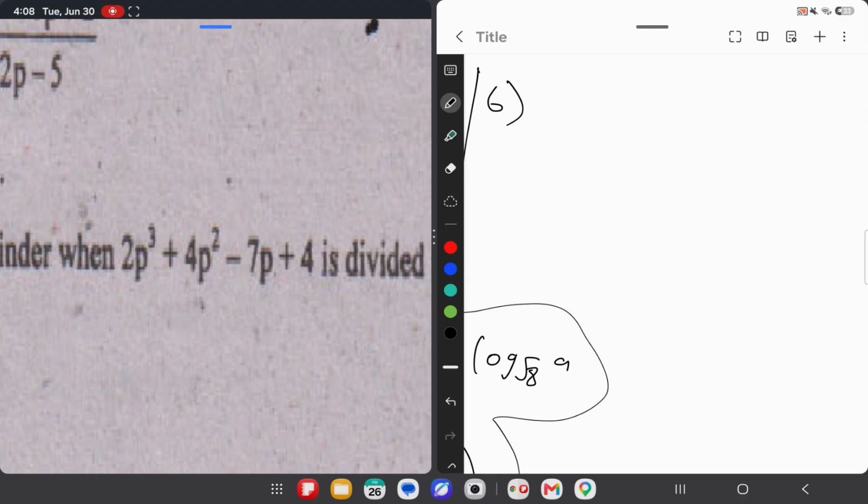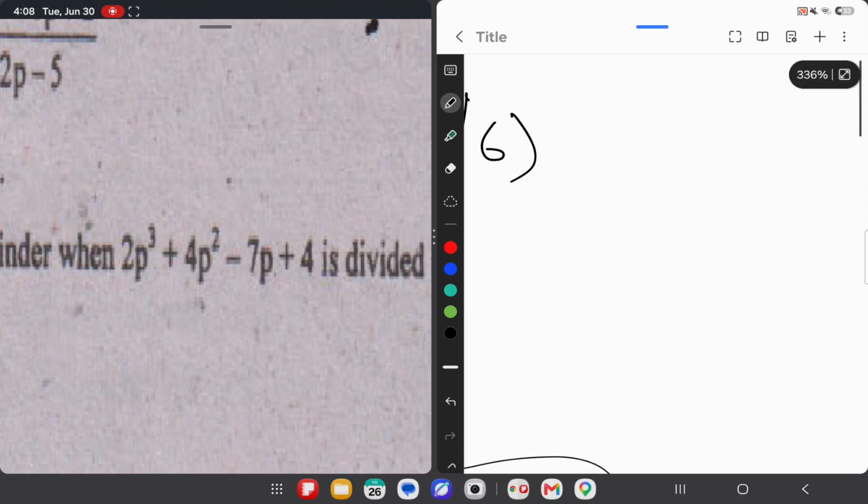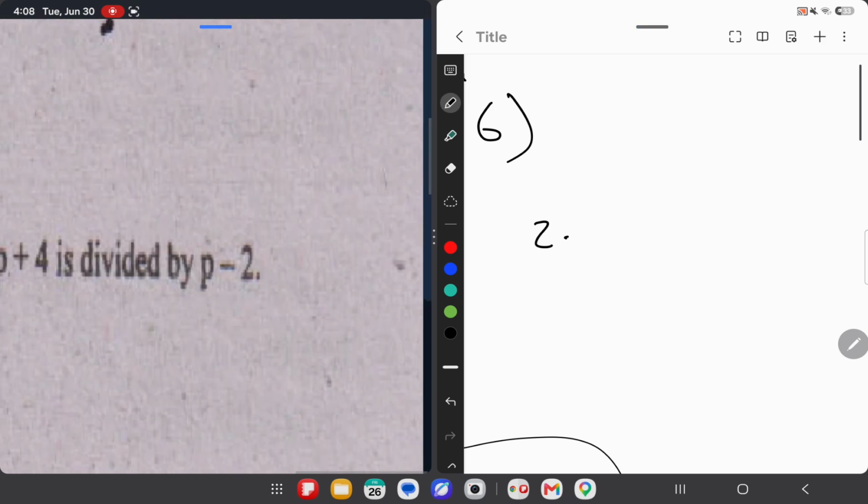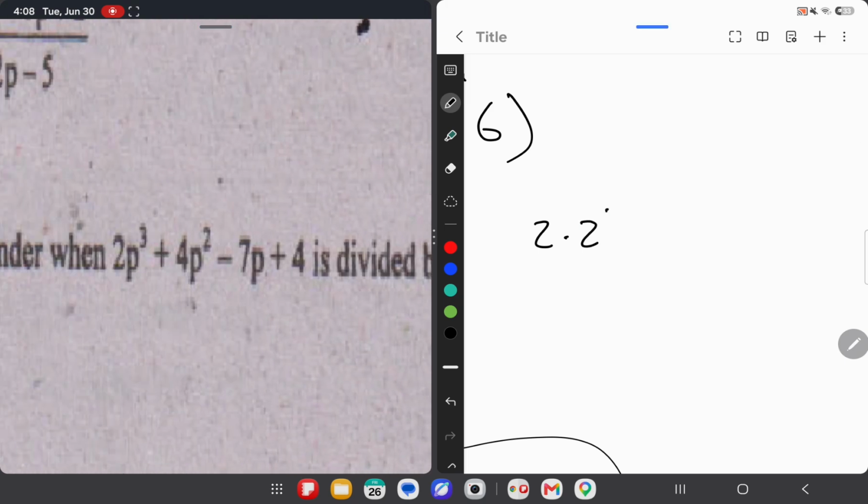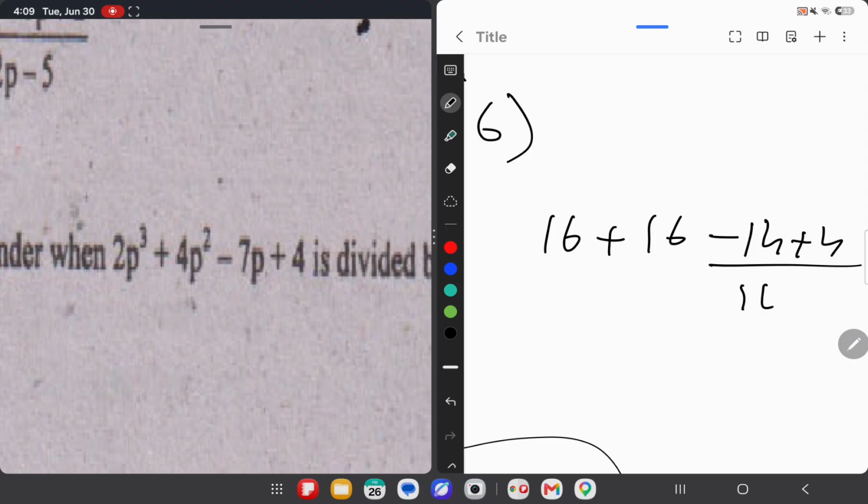So it is 2p cubed plus 4p squared minus 7p plus 4. So this is 2 times 2 cubed, which is 2 to the 4th, plus 4 times 2 squared, which is 16. This is also 16 minus 14 plus 4, which is 10. 32 plus 10 minus 10 is equals to 22.